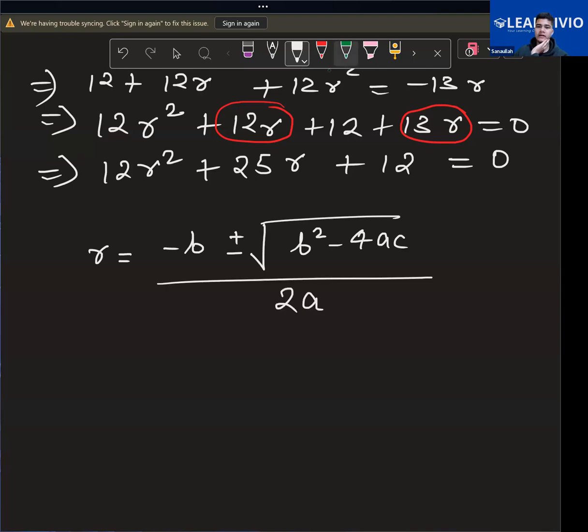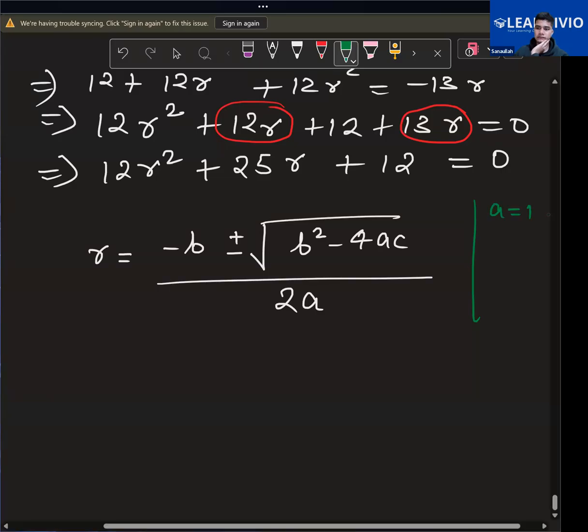This is the quadratic formula, right? So here, what is the value of a? A is 12. This is a, this is b, and this is c. What is b? 25. What is c? It's 12.